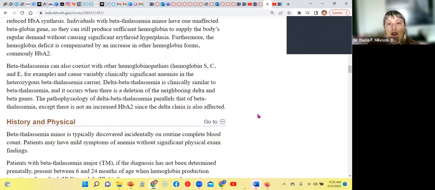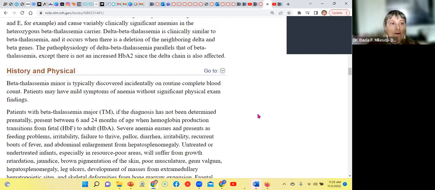Beta thalassemia can coexist with other hemoglobinopathies. All right. And you can have hemoglobin S, C, and E, for example, as a mutation as well. Hemoglobin S is responsible for the sickle cell. So anyway, these are all the variations of beta thalassemia, which as you can see, is quite complex.